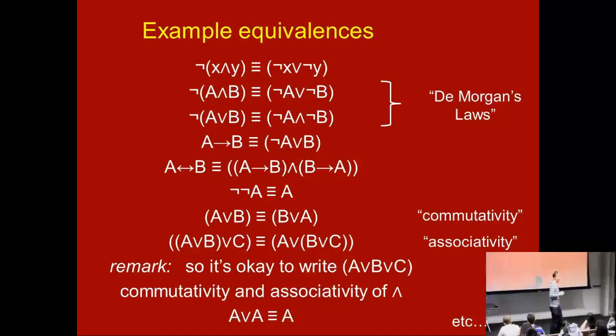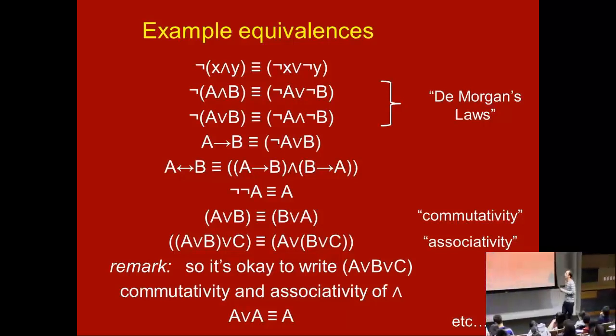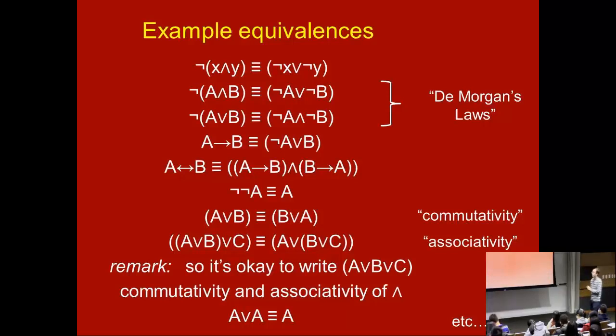So let me give you some examples of this. This one you might know, right? Not of x and y is the same as not x or not y. That's called one of De Morgan's laws. It says if they're not both true, then at least one of them is false. So these are equivalent. You could do it by making a little truth table with 4 rows and 2 variables. In fact, if A is any formula at all, not just a variable, then the same rule applies.